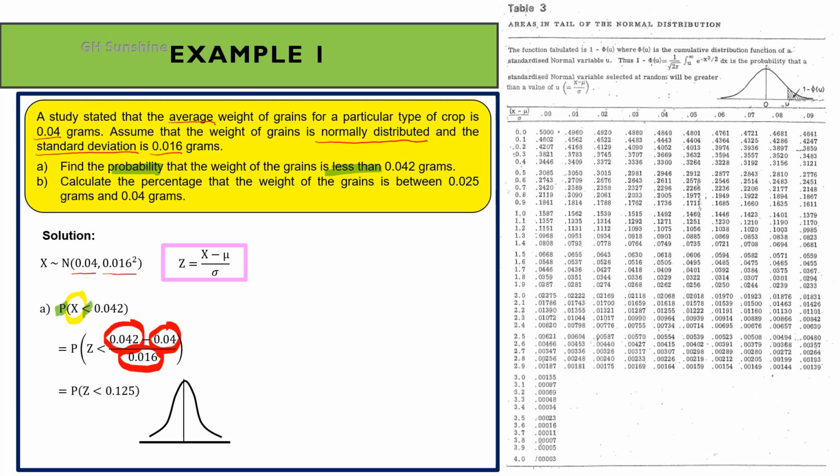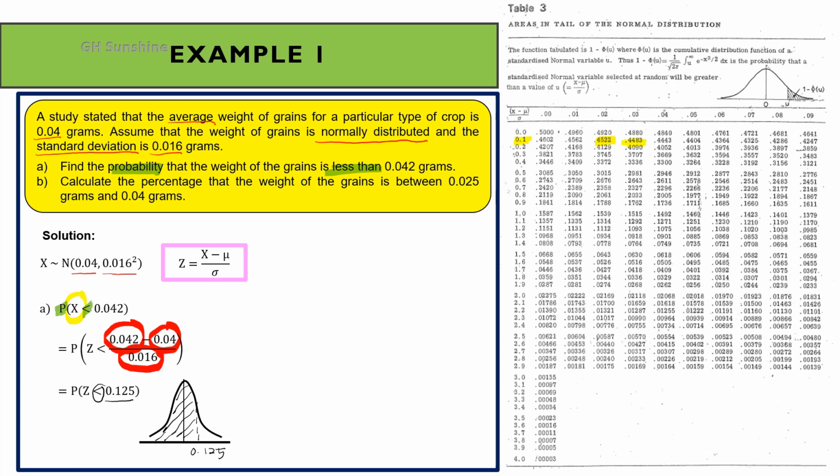So where is the shaded region? A positive value means right side, 0.125. The symbol here is less than, which means to the left of 0.125. So where is the probability value of 0.125? So 0.1 here and then 0.025. You may use 0.02 or 0.03.